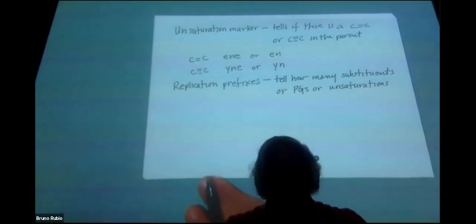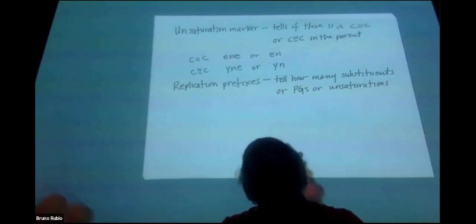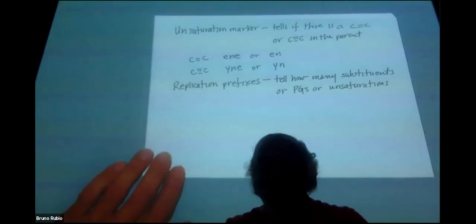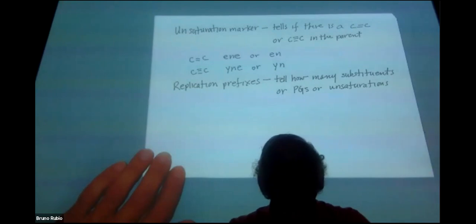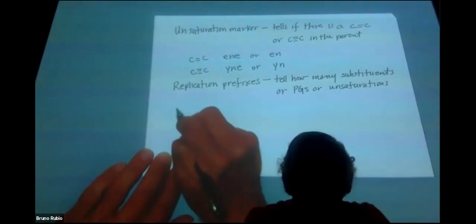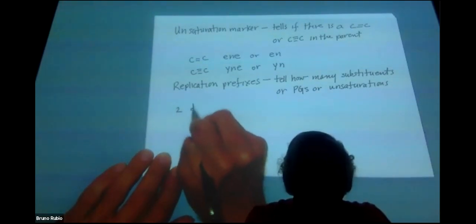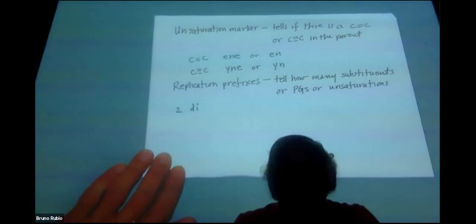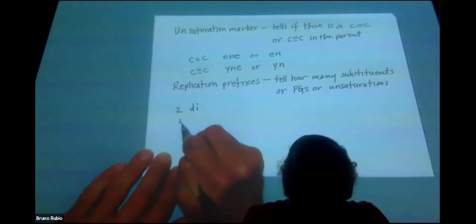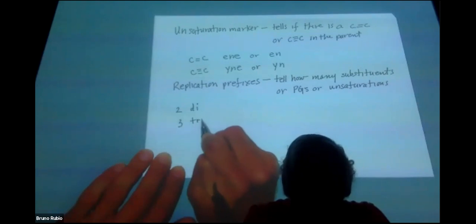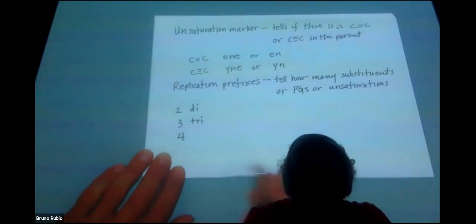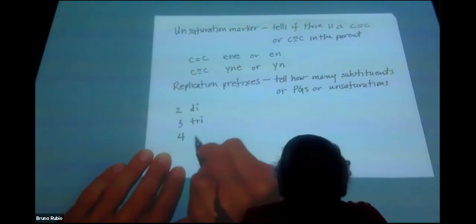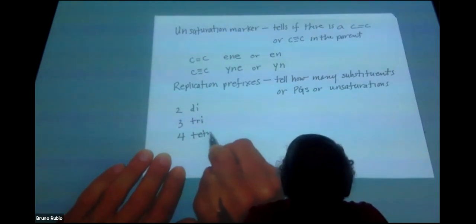Okay, so if there are 2 of something, 2 priority groups, or 2 substituents, or 2 unsaturation markers, the replicating prefix for that would be di. If there are 3, it's tri. If it's 4, okay, look out now. It's not going to be but, it's tetra.